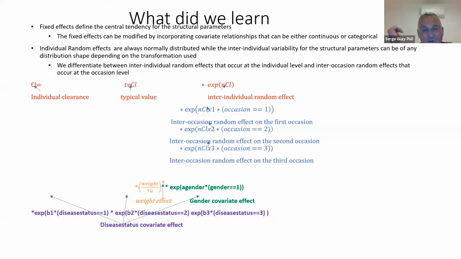Okay, very good question. It depends if you have enough information in your data to estimate it. Usually when you do allometric scaling, which means that you want to go from animal to human or something like that, it's very difficult from the data that you have to estimate the A. And then usually if you give the dose not per kilogram, then most of the time you're going to use an A of 0.75 for clearance and an A of 1 for volume.